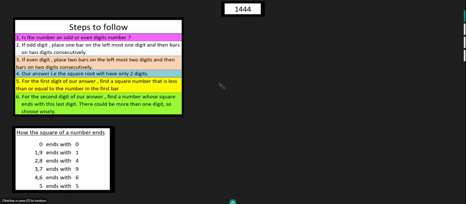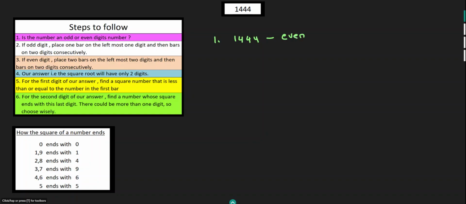We will now determine the square root of another number, that is the square root of 1444, using this method. So let's follow the steps as we did for the previous problem. In the first step, we have to know whether it is an odd or even digit number. The number 1444 clearly has 4 digits, so it is an even digit number.